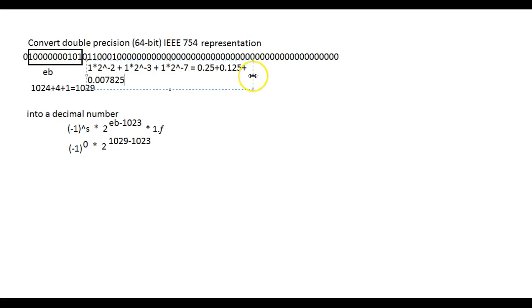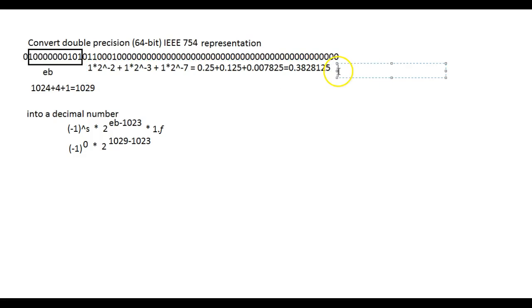We need to add these up, and this is going to be our f, our fractional part, that we're going to fill in down here in the formula. When I add this up, I get 0.3828125.